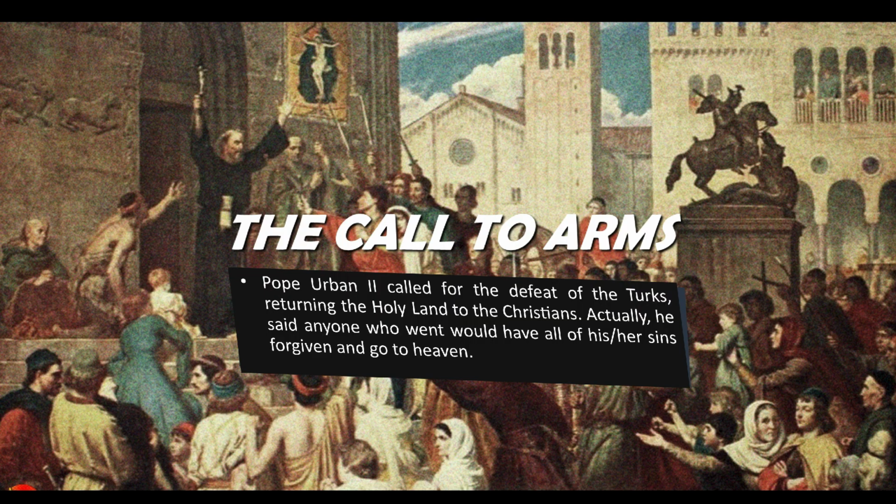The Pope, Pope Urban II, calls people to fight for this holy land. So remember, the Catholic Church still has a lot of power here. The Pope, a religious leader, is calling people to fight and put their lives on the line for these crusades. Pope Urban II claimed that anyone who went to fight for these crusades would have their sins forgiven and go to heaven.